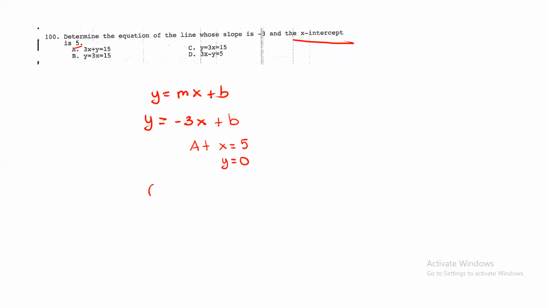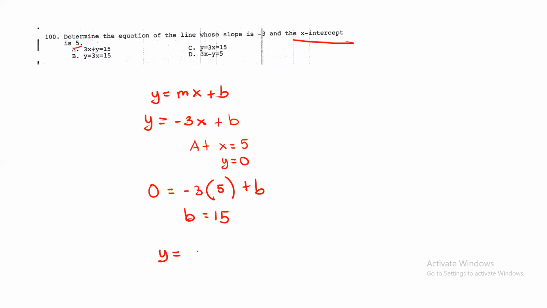So, substitute mo dito, 0 is equals to negative 3 times 5 plus b. So, magiging b natin dito is equals to 15. No? Tama? So, 15. So, magiging y is equals to, so b is equals to 15.